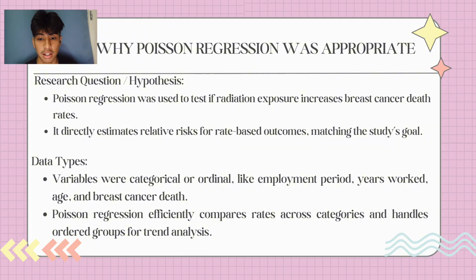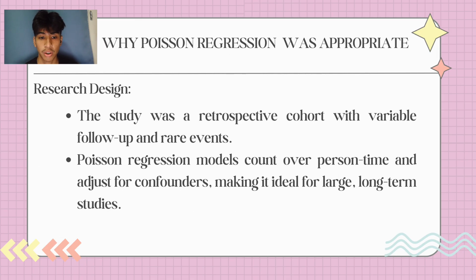Poisson regression handles these naturally, allowing comparison across categories and assessment of trends in ordered groups. Finally, considering the research design, the study used a retrospective cohort with variable follow-up and a rare outcome. Poisson models counts over person-time and adjusts for confounders, making it ideal for a large and long-term cohort analysis.